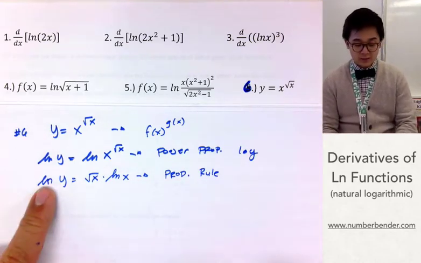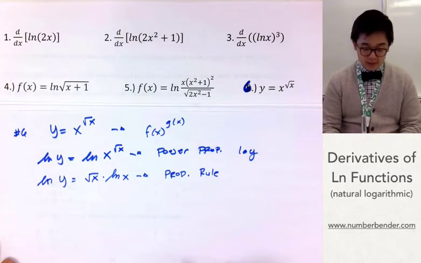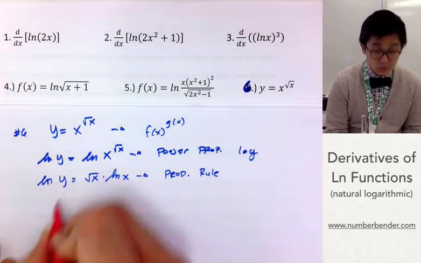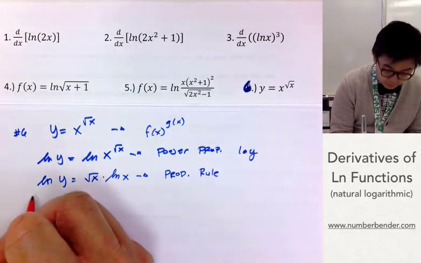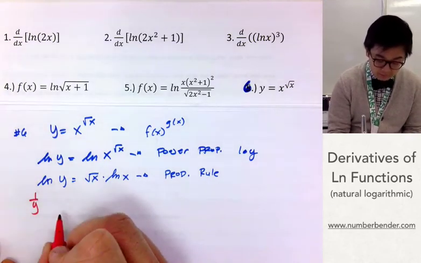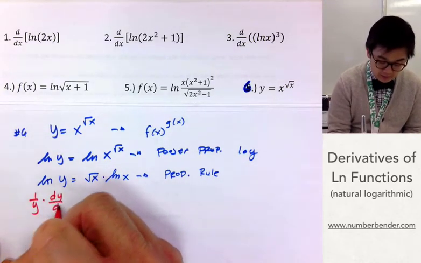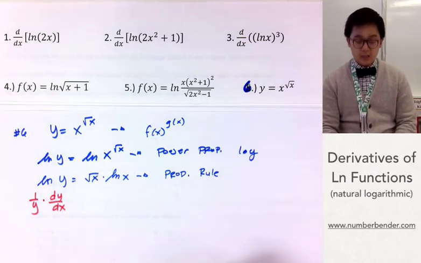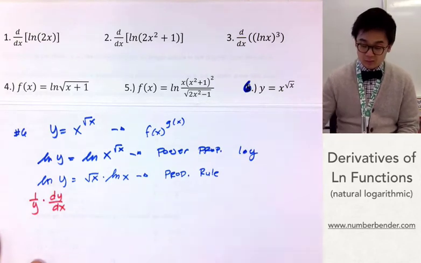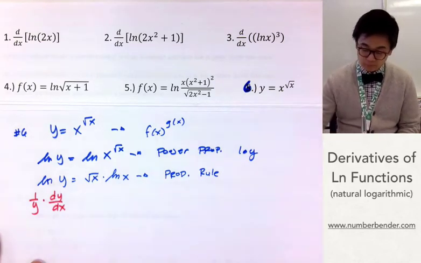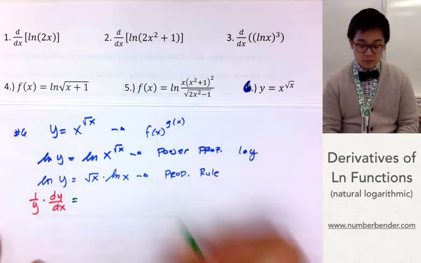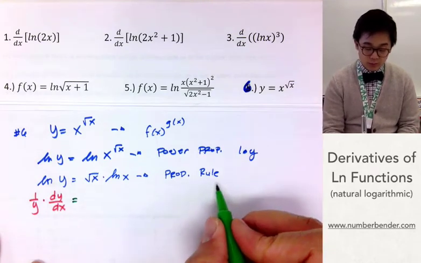So let's go ahead and take the derivative of ln y. The derivative of ln y with respect to x would be 1 over y times dy dx, because we are differentiating in terms of x, so we're using implicit differentiation. For the other side of the equation, we will be using the product rule.